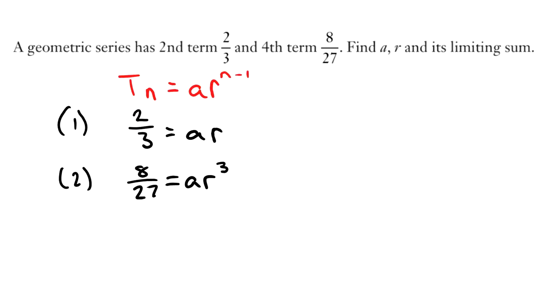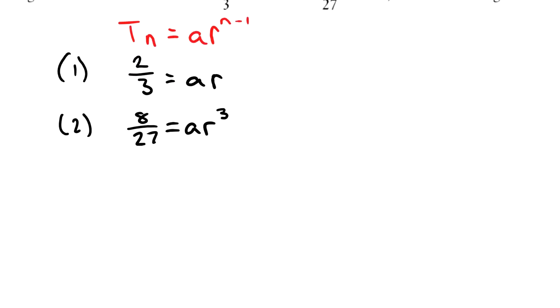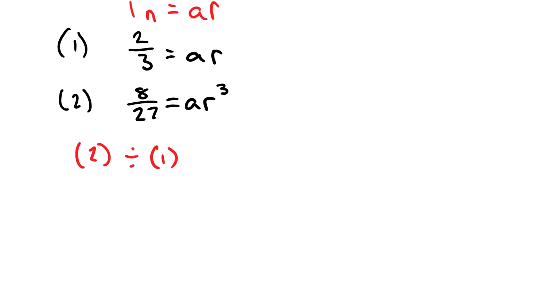And then we can do some simultaneous equations here. If we divide equation 2 by equation 1, we'll cancel out the a's and we'll be left with just r's. So r squared is going to equal 8 over 27 divided by 2 over 3.